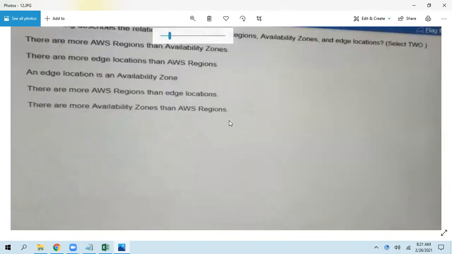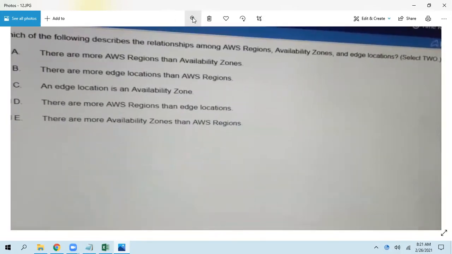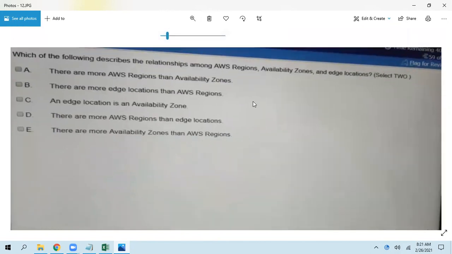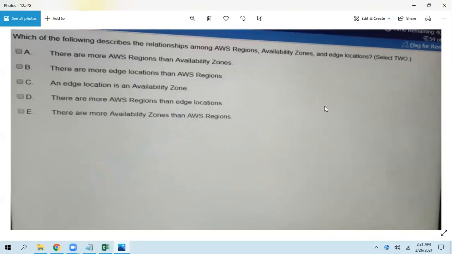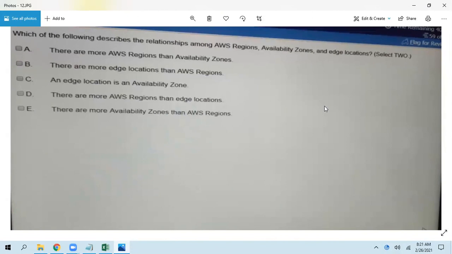This question is again related to AWS global infrastructure. Which of the following describes the relationship among AWS regions, availability zones, and edge locations? There are more regions than availability zones. No. C is availability zone and edge location.